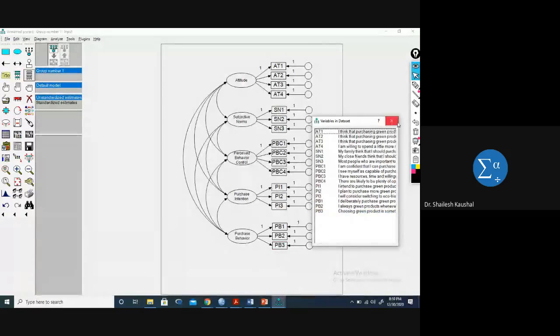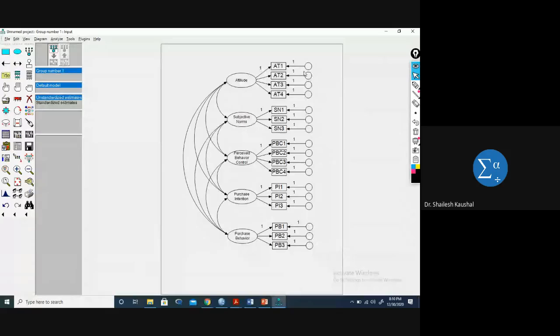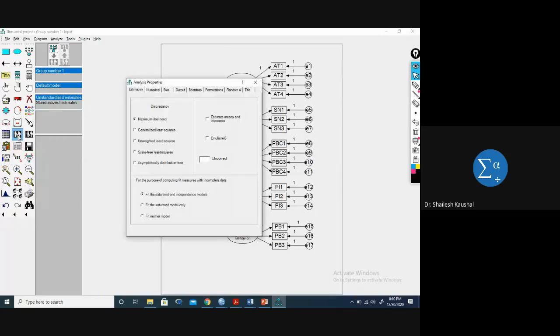Okay. Now we need to enter E1, E2, E3. So how will we do it? Plugins and Name Unobserved Variables. This is okay. Now I am running my model. So how to perform it? Here Analysis Properties.